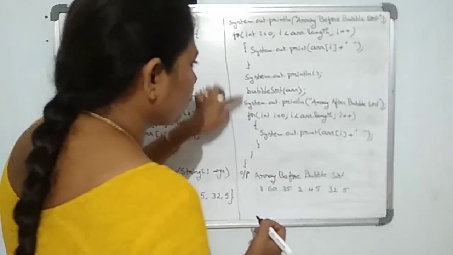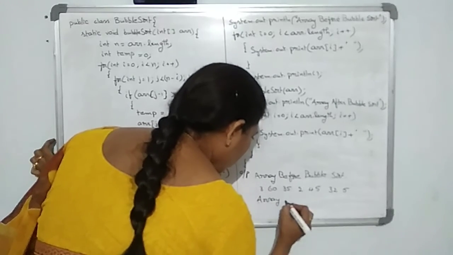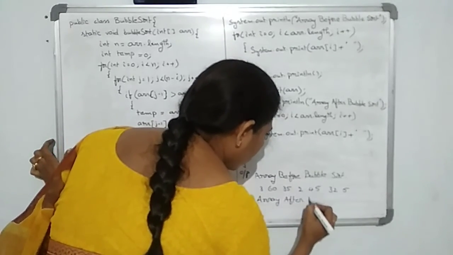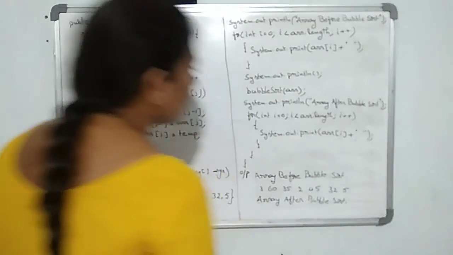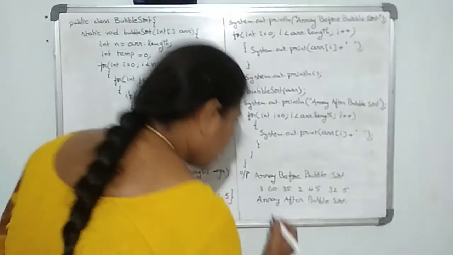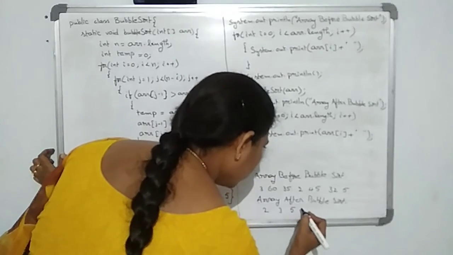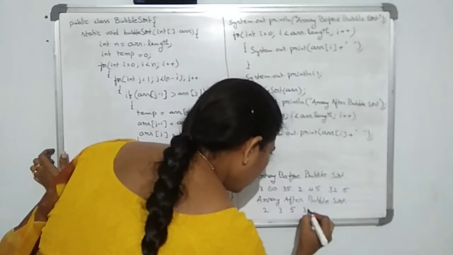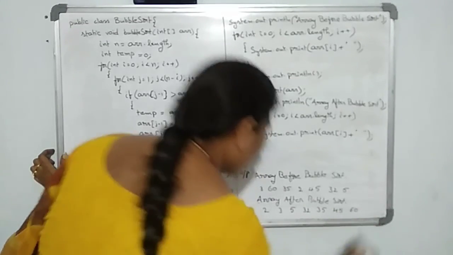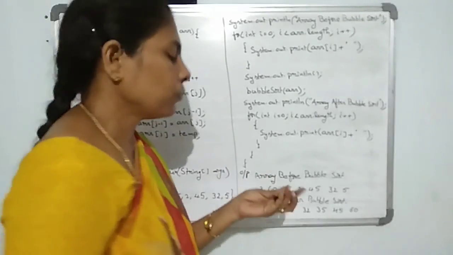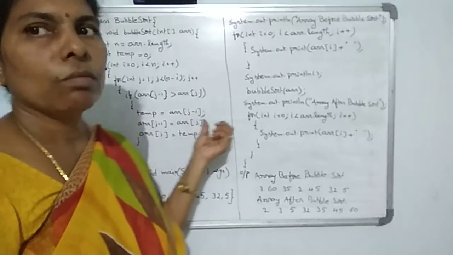Now after applying the bubble sort, the output comes under array after bubble sort. So that means you can print all the elements: 2, 3, 5, 32, 35, 45, 60. So this is the output. So this is the process of the bubble sort. So in that we can apply the bubble sort algorithm.